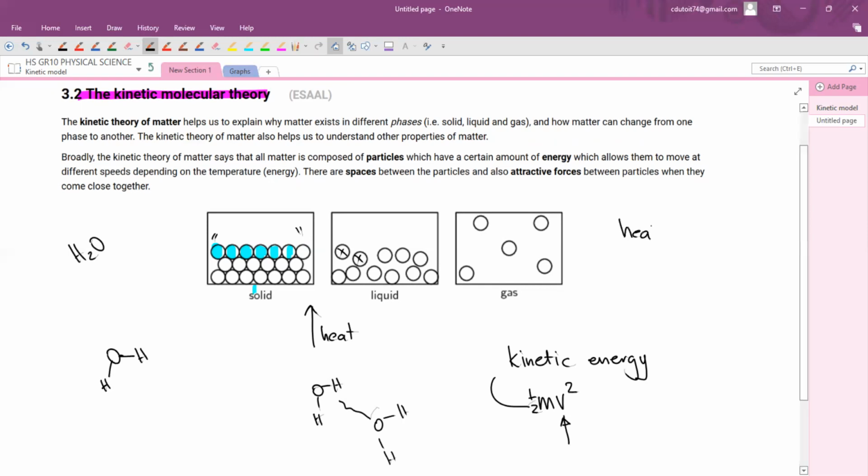So heat, which is energy, is directly proportional to kinetic energy. The more heat I put in the system, the higher the kinetic energy will be. If the kinetic energy increases, what will increase? The velocity. Therefore, the velocity, V, will also increase.